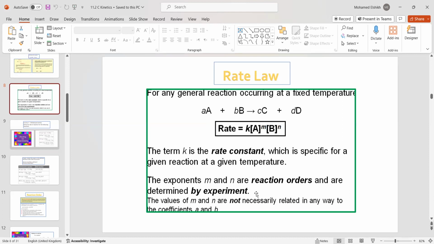And we can only determine them by experiment. Fine. So far we've learned that this is how we write the chemical rate equation. The rate equals K times the concentration of reactants, raised to the power m and n. And later on, we will learn how to calculate m and n.